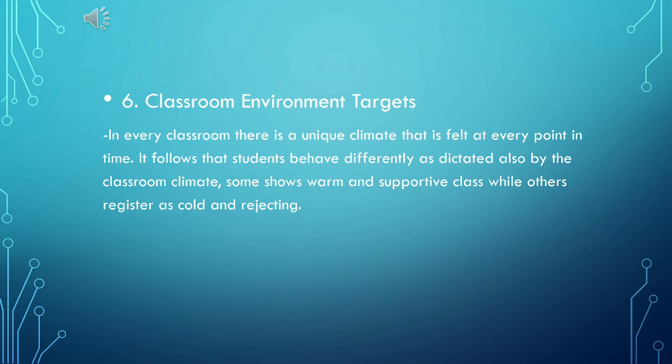It follows that students behave differently as dictated also by the classroom climate. Some show a warm and supportive class while others register a cold and rejecting one. We all experience this in the different subjects that we have, with different teachers that facilitate us, right?